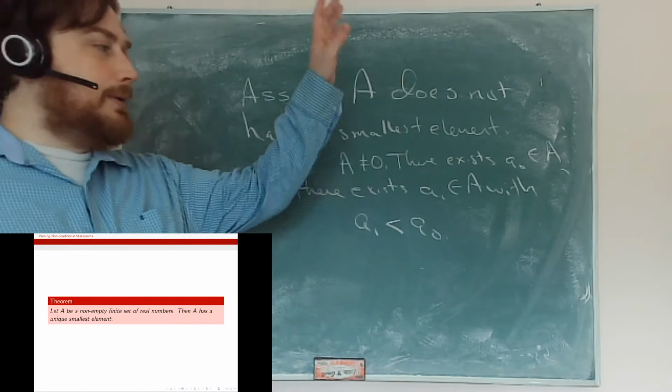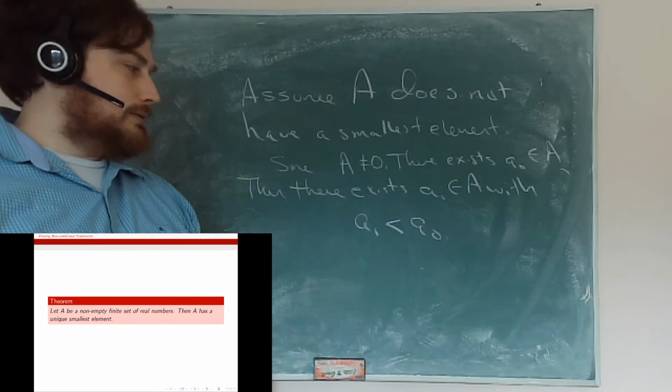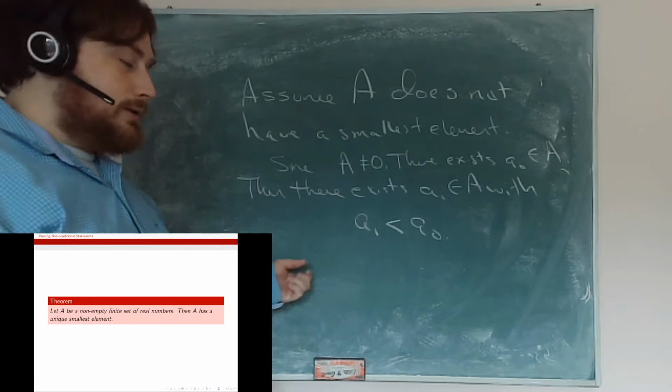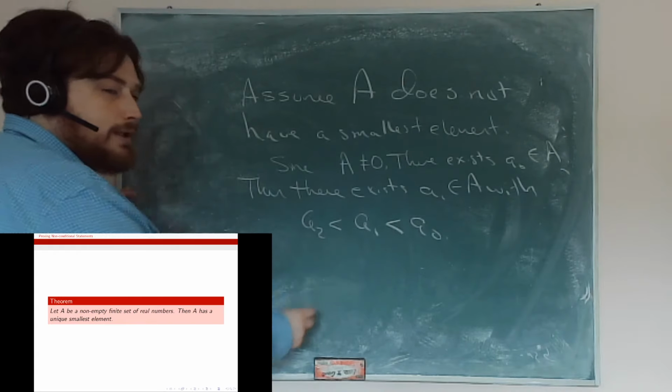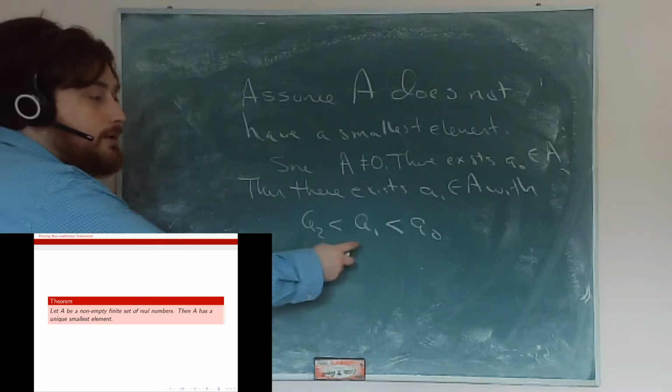So I had to have something, and because this can't be the smallest, there has to be something smaller. But what does that mean is, well, A1 can't be the smallest. So there also has to exist an A2, which is less than A1, because A1 can't be the smallest.